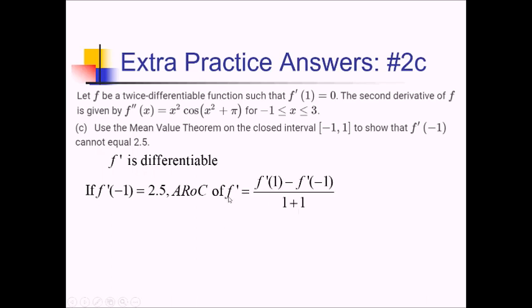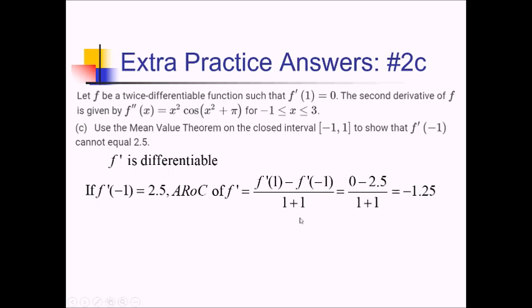They gave us f prime of 1 is 0, so 0 minus 2.5, all over 1 plus 1, which would be -1.25. So if f prime of -1 is 2.5, then this is the average rate of change.